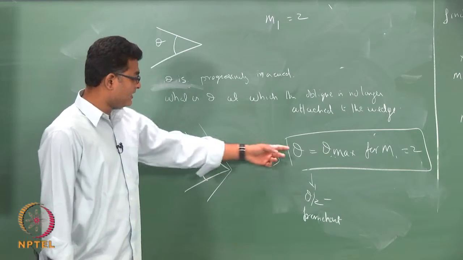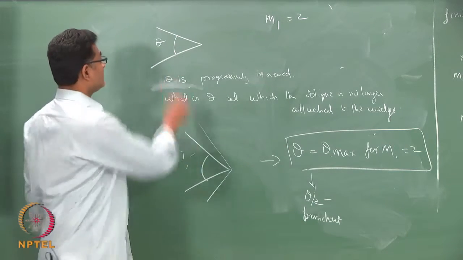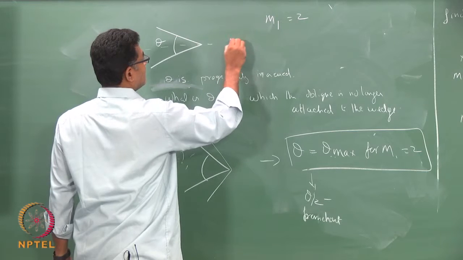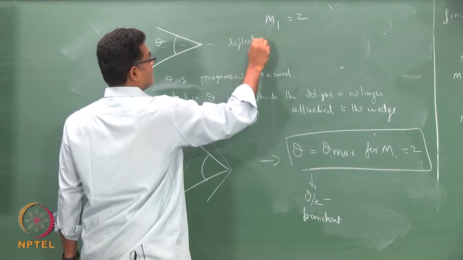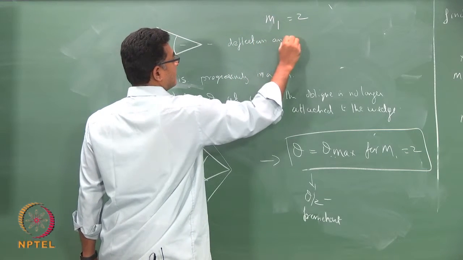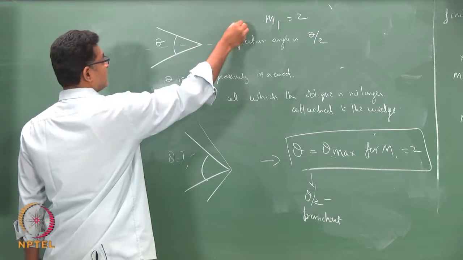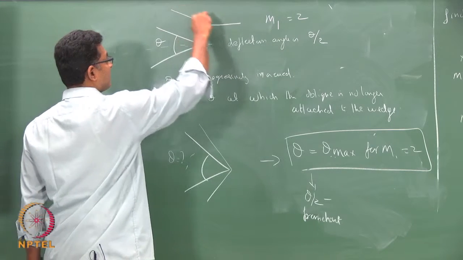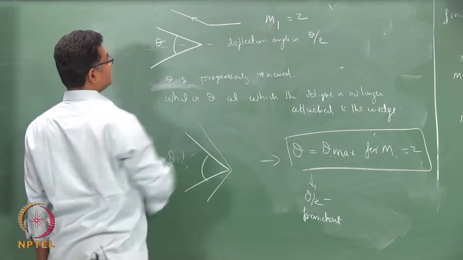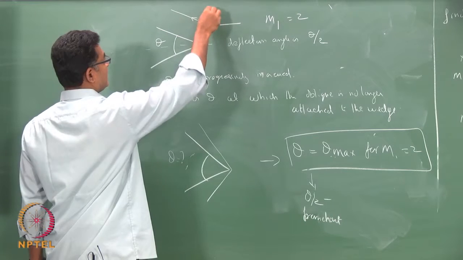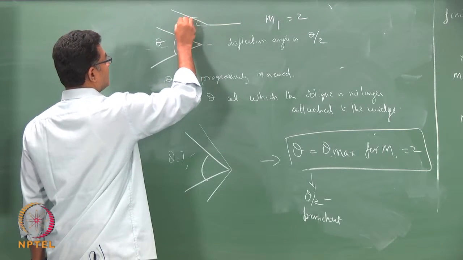So the deflection angle is half of the wedge angle, because the flow comes here and is deflected this way. So this would be theta by 2.